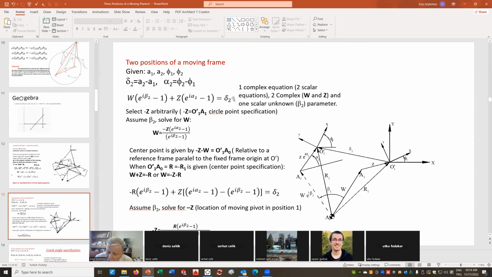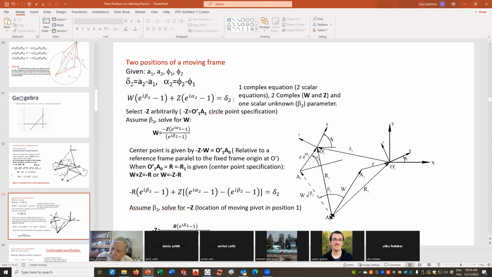I have one complex equation. This is a complex equation. It means 2 scalar equations. If I write the real and imaginary parts, it will be 2 equations. I have 5 scalar unknowns, 2 equations. That means I have 3 free parameters.